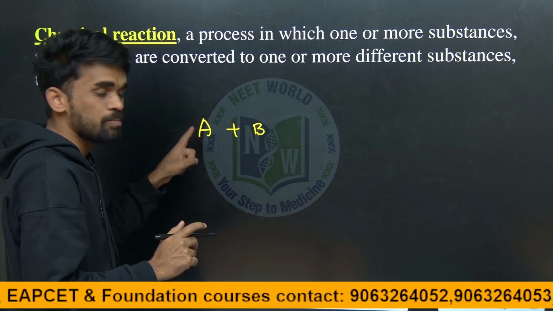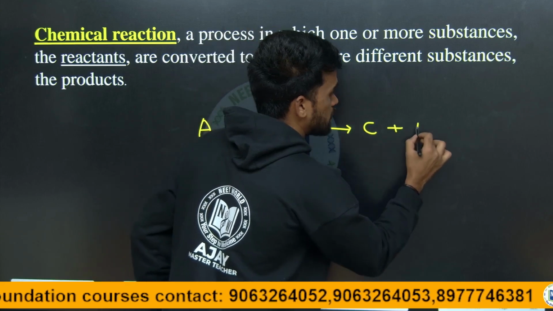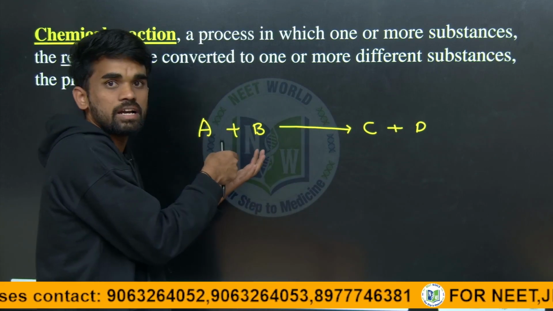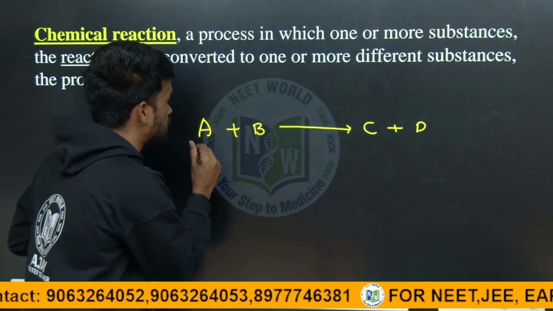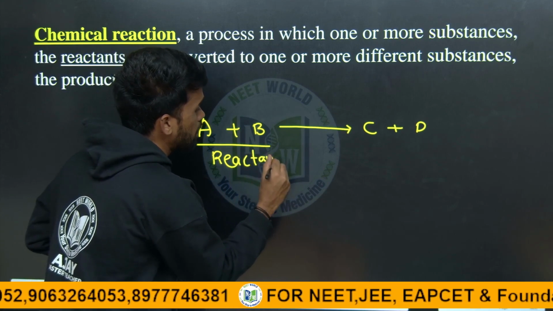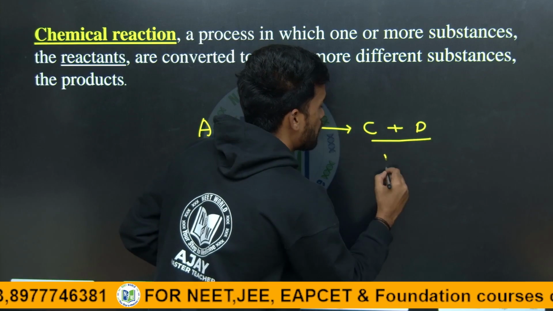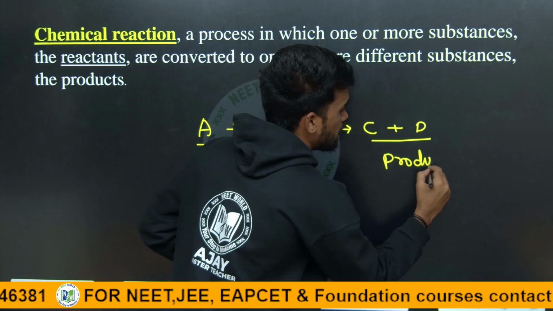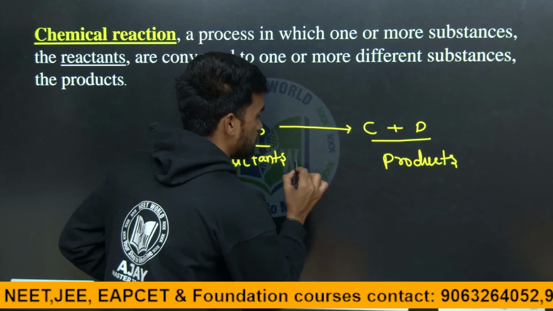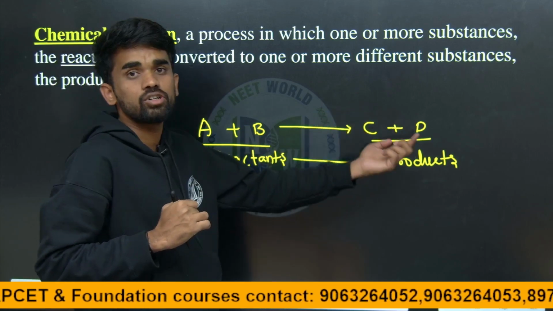These will combine to form some product C or some product D. So whatever the chemical species which are undergoing reaction are considered as reactants, and those forming some new compounds we call products. So this side will be products, and the process can be represented with an arrow mark. So reactants are converting into products.